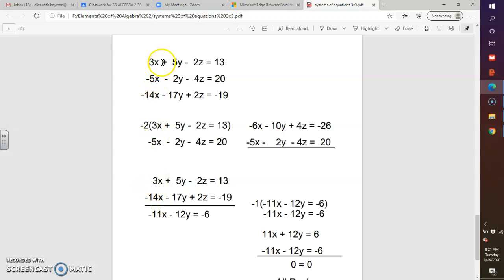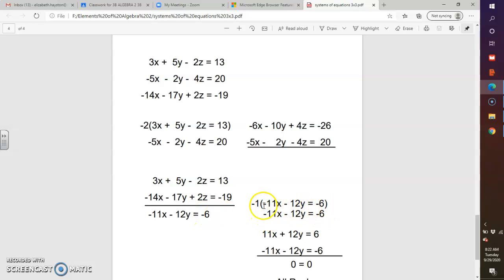Now when I do my first and my last one, I get 3x plus 5y minus 2z equals 13, and negative 14x minus 17y plus 2z equals negative 19. It goes right to canceling because the negative 2z and 2z cancel out. So 5y and negative 17y is negative 12y. 3x and negative 14x is negative 11x. So you end up with negative 11x minus 12y, and the 13 and negative 19 is the negative 6.